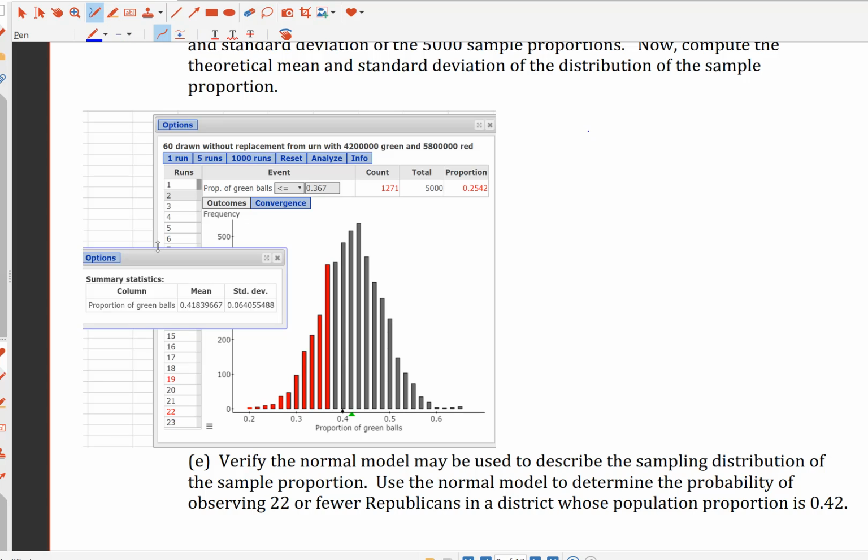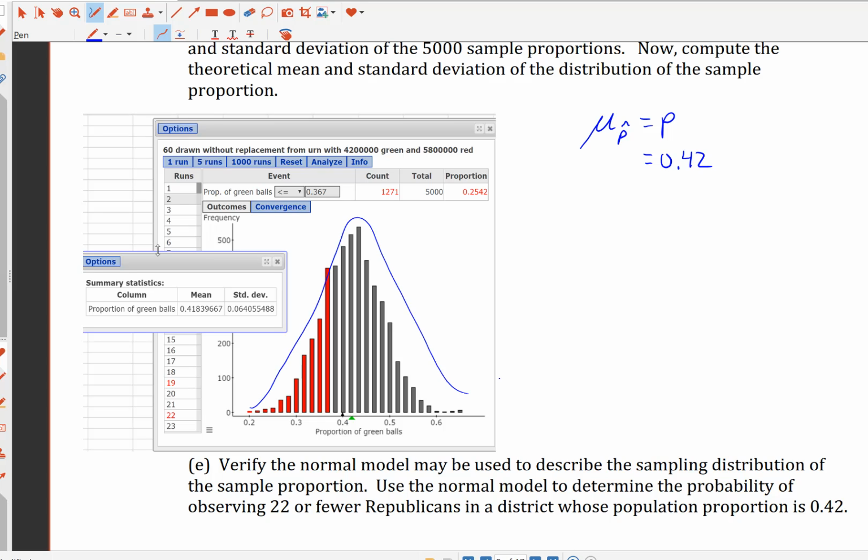And if you recall from section 8.2, the mean of p hat should equal the population proportion. And our population proportion is 0.42, the proportion stated in the null. Remember, we assume the statement in the null is true, and so this data being distributed here is based on the fact that the population proportion is 0.42.